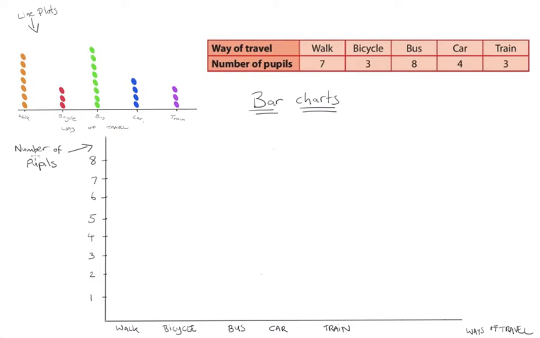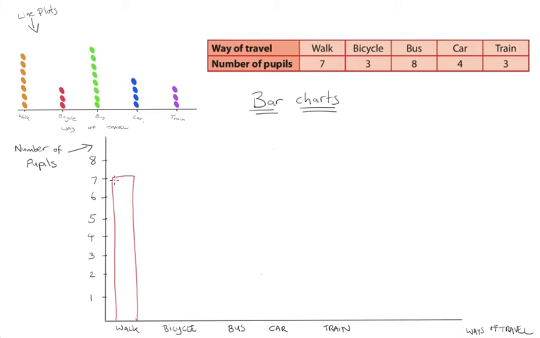So the first thing we'll do is, if we look at the line plot, for walking, we had 7 pupils walked, so we did 7 dots. Well, here I'm going to use a different color just to keep it clear. We are going to make a bar that goes up from the bottom, up to 7, and then it goes across a little bit, and it goes down.